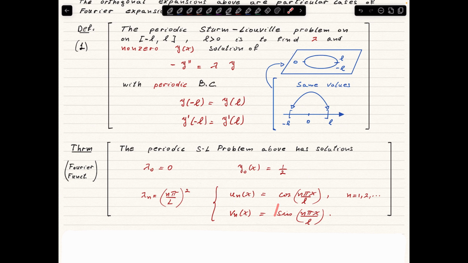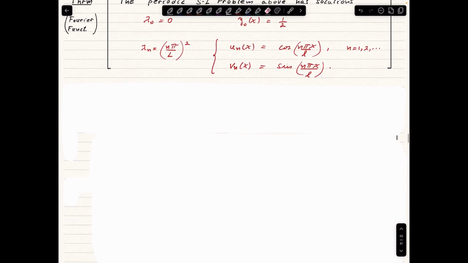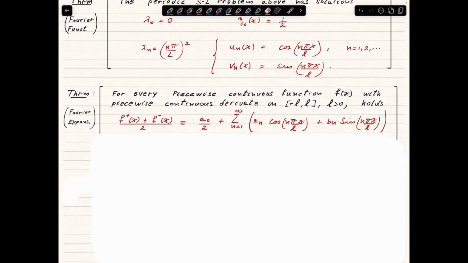We have both. That's why what we have done is a particular case of this type of eigenfunctions. And then there is a theorem that says that if you have these eigenfunctions, then you can make an orthogonal expansion of piecewise continuous functions with piecewise continuous derivative in that interval.